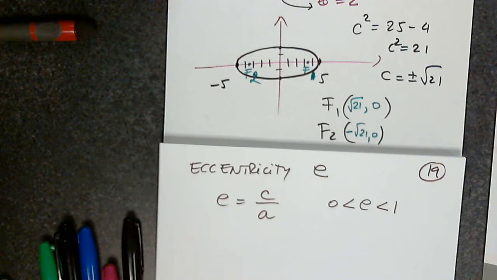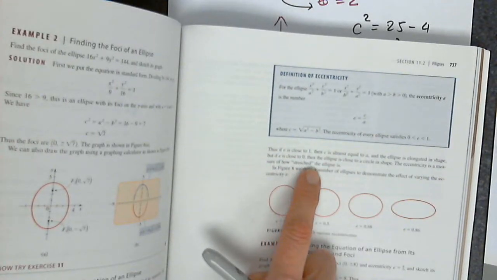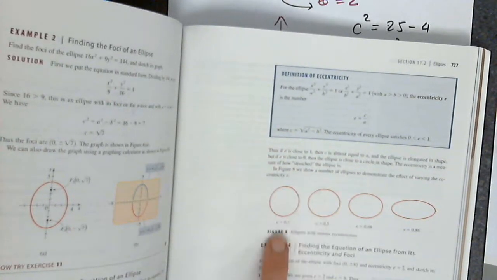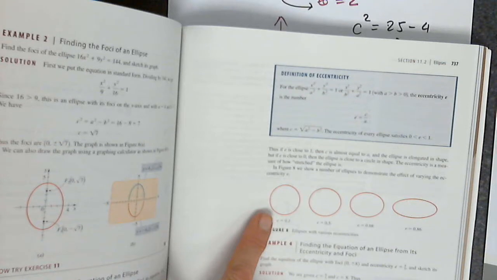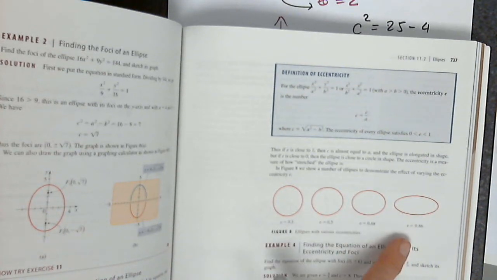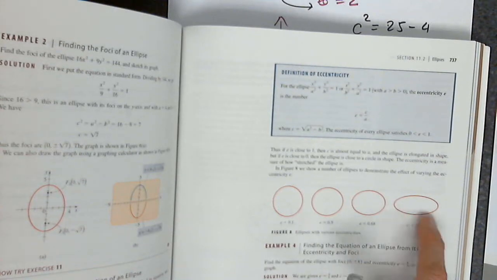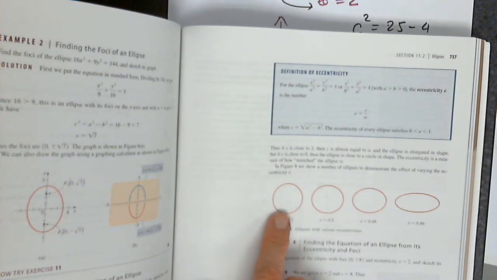The eccentricity is a measure of how stretched, quote unquote, the ellipse is. If the eccentricity is close to 0, it's almost a circle. If the eccentricity is close to 1, it's more elongated. As E increases, the ellipse is more stretched. If the eccentricity is close to 0, it's a circle, or almost a circle, I should say.